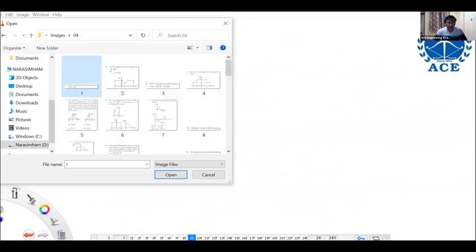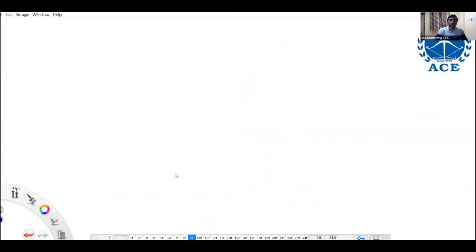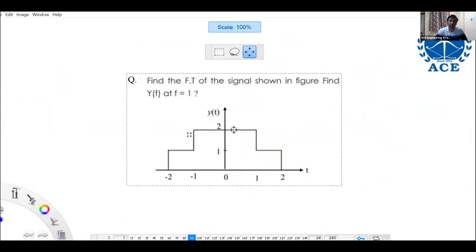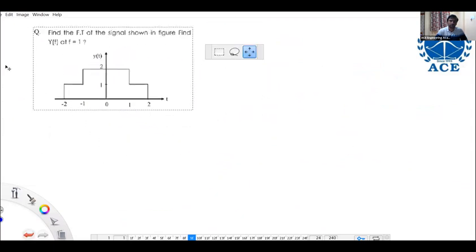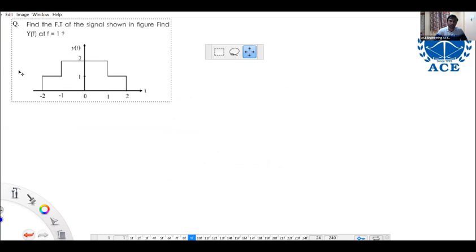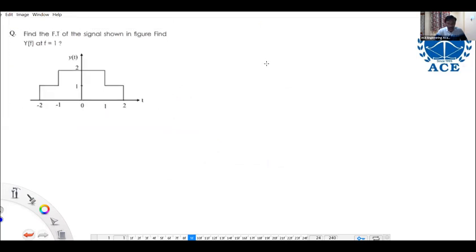One very simple question I will give, answer me. Study this question and get the answer. Find the Fourier transform of the signal shown in the figure. Good, good. Most of you answered the previous question. Very good.